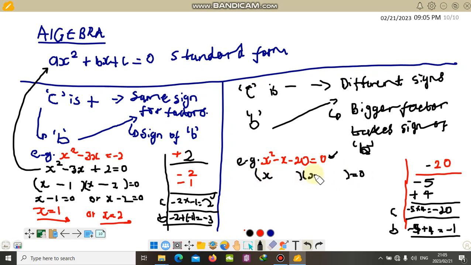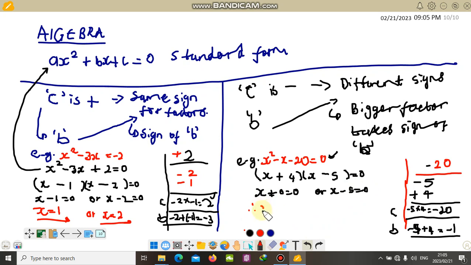So from here, our factors are +4 and -5. So we have x plus 4 equals to 0, or x minus 5 equals to 0.